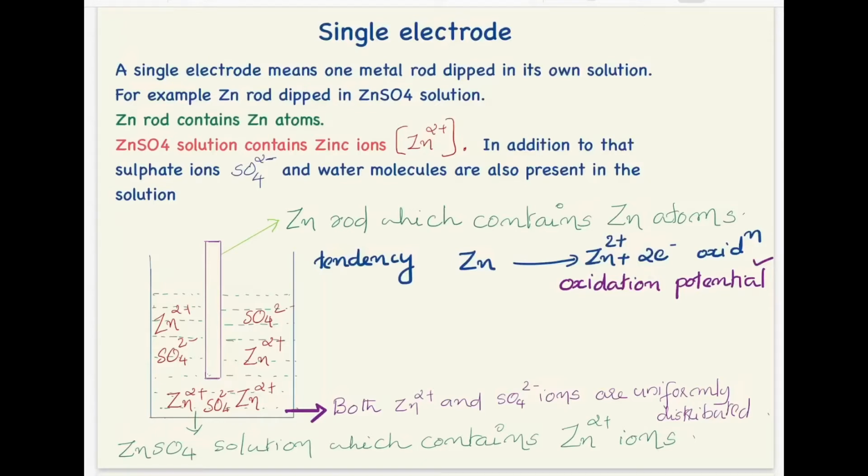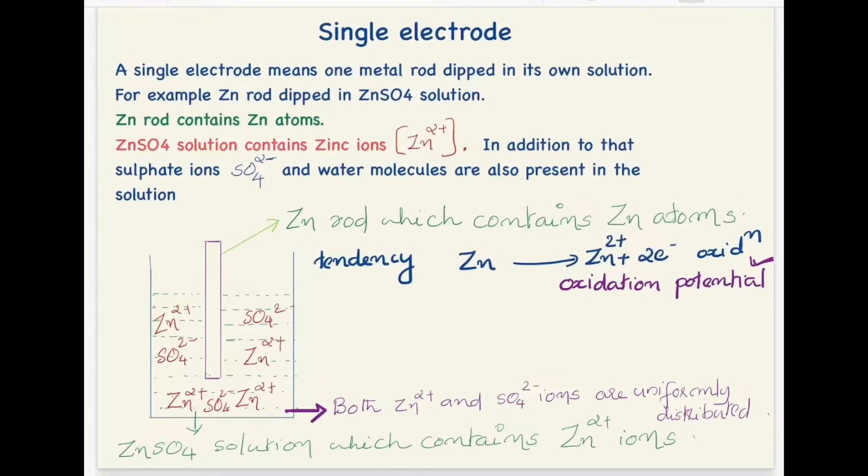Now next question, whether this reaction will happen or not. Potential and happening, both are different. Here potential is there, tendency is there, but can it donate electrons or release electrons and go into the solution? Answer, no. Even though there is a potential for zinc atoms to release electrons, that reaction will not happen. I will give you an analogy to explain this. For example, I want to donate 1,000 rupees. So I have a tendency to donate money.